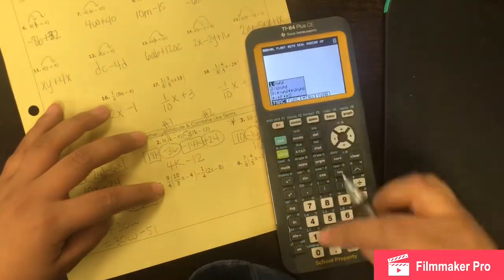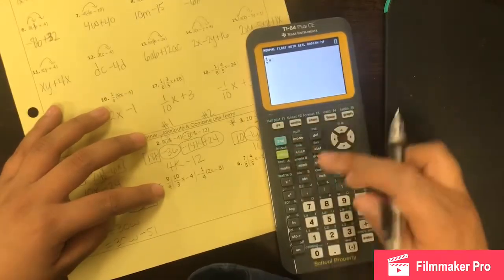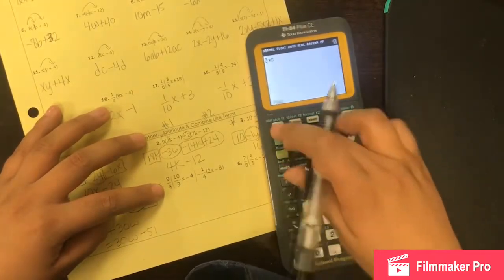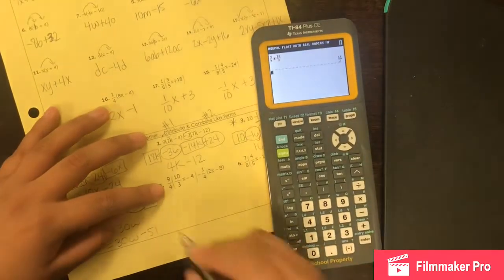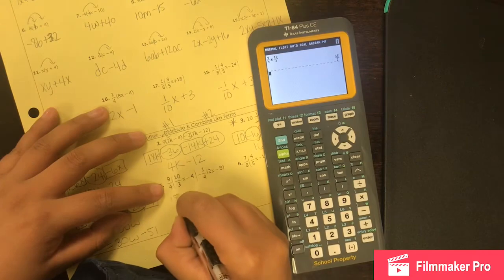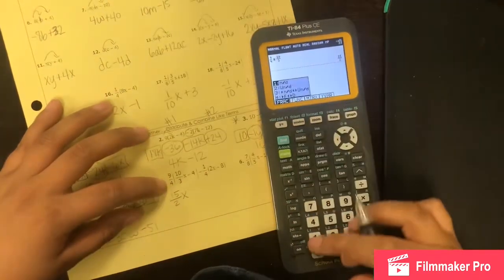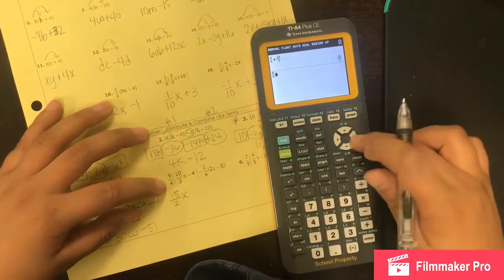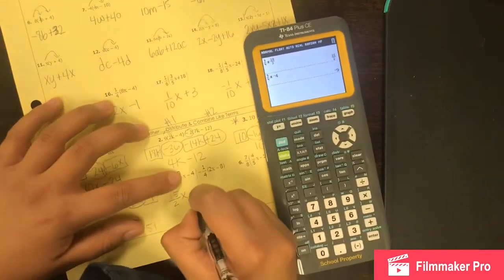So I'm going to type my fractions in, 9/4 times 10/3 is 15 halves x. Then I take 9/4 times -4, because of the negative in front, is -9.